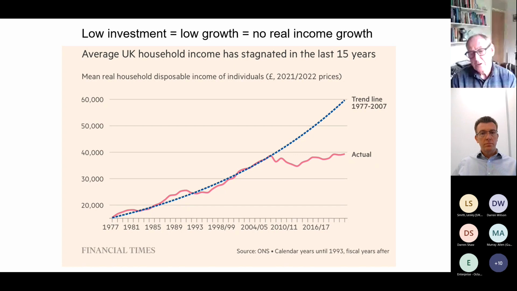In fact, if you look at that trend line, that's pretty much what America has done. That's why the average American now is a third better off than the UK. For me, it's not rocket science, and I'm sure you'll understand that you only get productivity up if you give people better tools to work with.